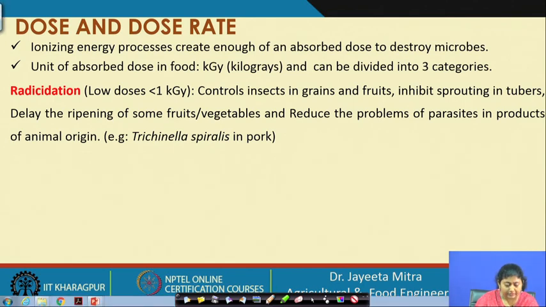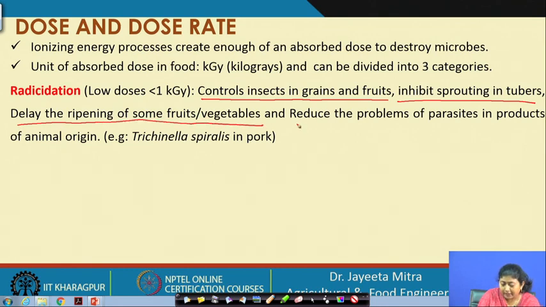So, at doses as low as less than 1 kilogray, it can control insects in grain and fruit, inhibit sprouting in tubers, delay the ripening of some fruits and vegetables, and reduce parasite problems in products of animal origin. For example, Trichinella spiralis in pork.